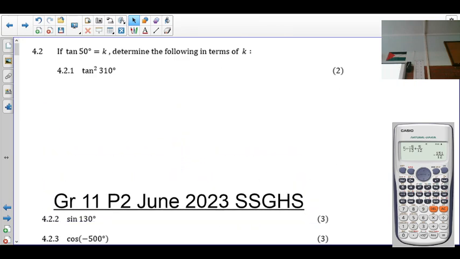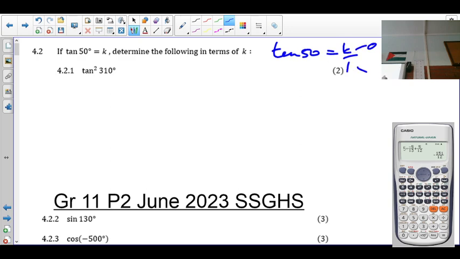So here we are told if tan of 50 is equal to k, determine the following in terms of k. So what do I do? I first set up a triangle in terms of k. So if tan of 50 is equal to k, tan stands for opposite over adjacent. I don't have to write this in the quadrant because this question is normally in the first quadrant.